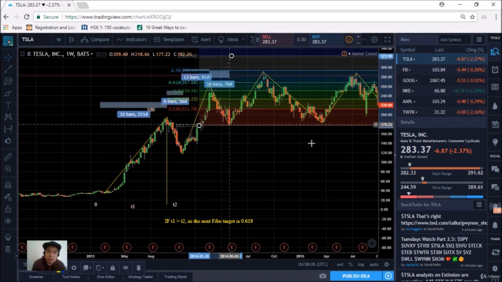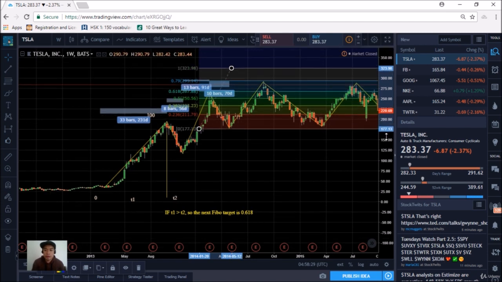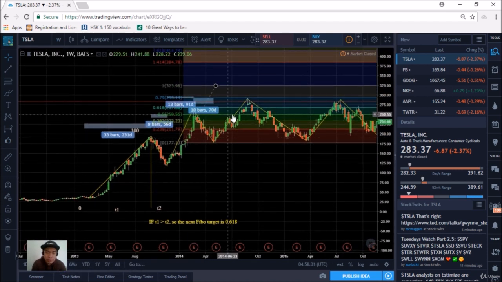What you can see is that it hit its target again. After it retraces, it will go up again. Now you can see it hit its target up.